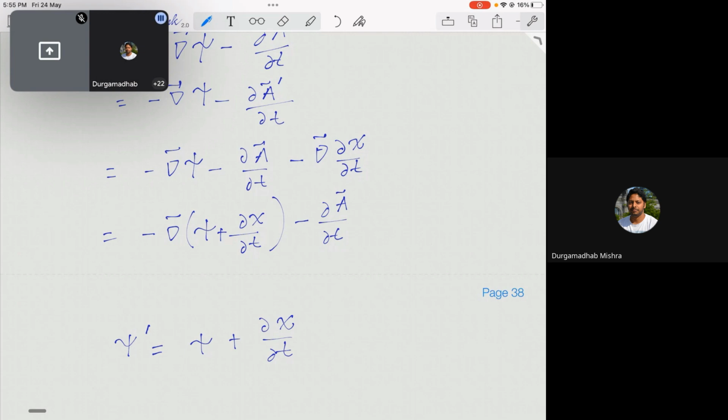So actually these equations look very complicated, of course, and there are certain conditions which are imposed, which can retain what I have just said. Retain in the sense that they will keep E and B invariant under the transformation of the vector or scalar potential.